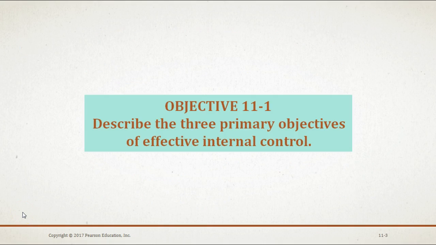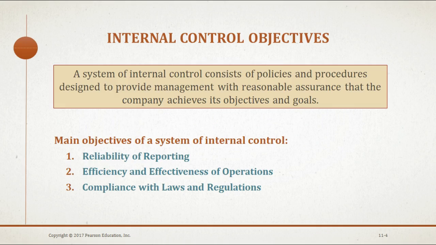Let us begin with the 3 primary objectives of effective internal control. A system of internal control consists of policies and procedures designed to provide management with reasonable assurance that the company achieves its objectives and goals.